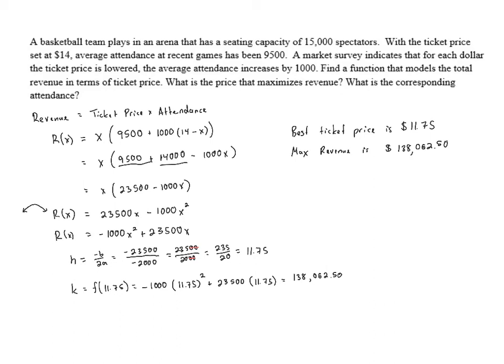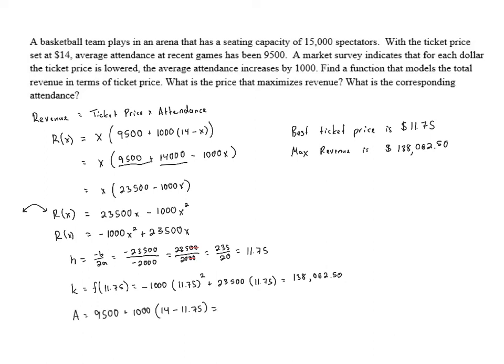Well, we said that the attendance was given by 9,500 plus 1,000 times 14 minus x. So if we plug in 11.75 there, so I'm just going to write A for attendance. That is 9,500 plus 1,000 times 14 minus 11.75.